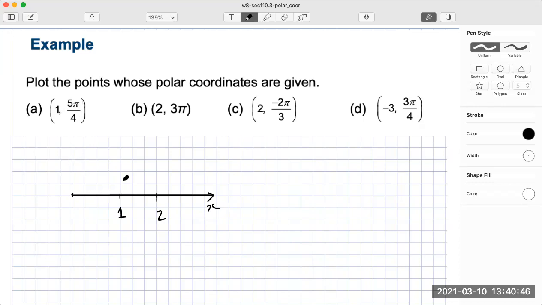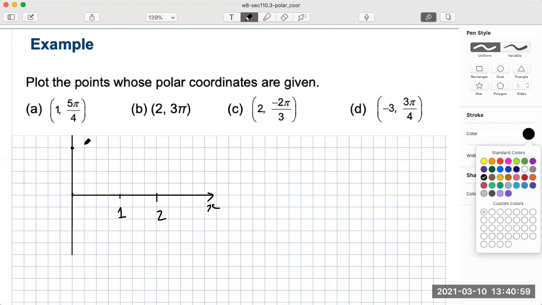Here, if we go from here to this, what is the angle? If we go from here to here, pi over 2, right?